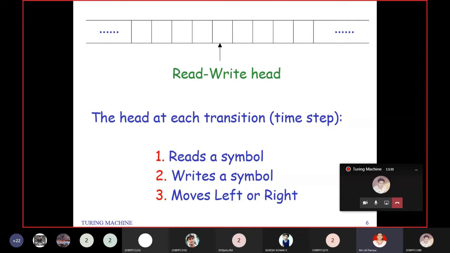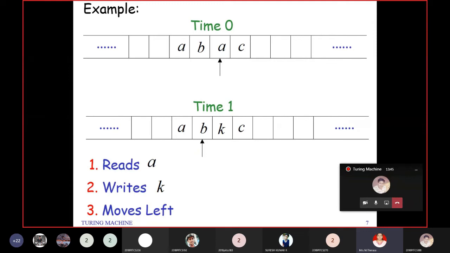It can read a symbol and also write a symbol, that is, rewrite the content which it has read, and also it can move either left or right. So we'll see an example for that.